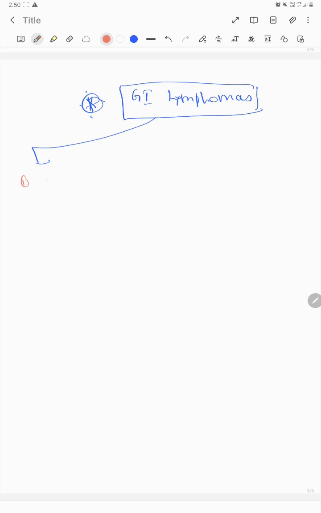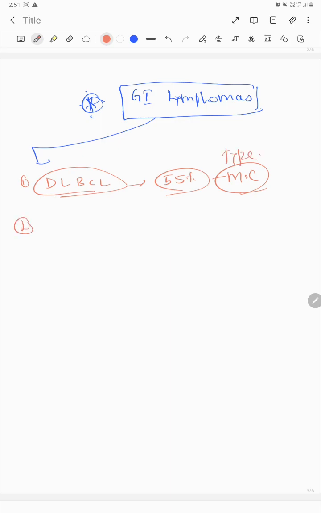First will be your diffuse large B cell lymphoma, DLBCL, around 55%. It is the most common type. Second will be your maltoma, which is around 40%.